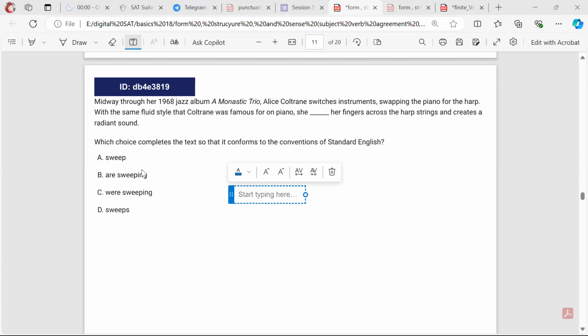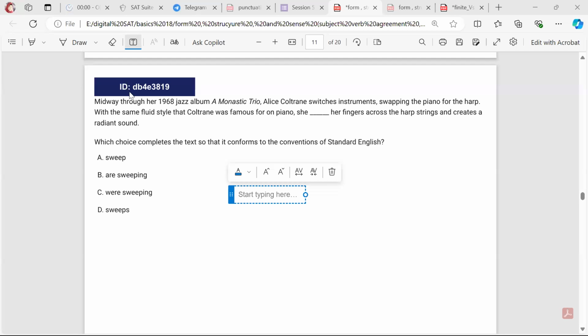Non-finite means I must have a gerund alone, verb plus ing alone without any helping verb, or infinitive to plus verb, or present or past participle also alone without any helping verbs. So we don't have non-finite, all of them are finite because they have main verbs, right? So it's not finite and non-finite. What else do you think of?